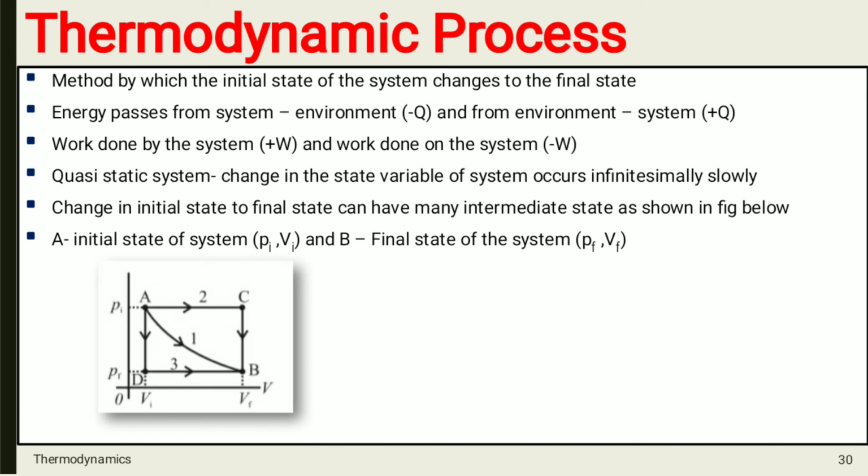If the system changes its state very slowly, then state variables also change very slowly or infinitesimally slowly, and the system can change its initial state to final state through many intermediate states.